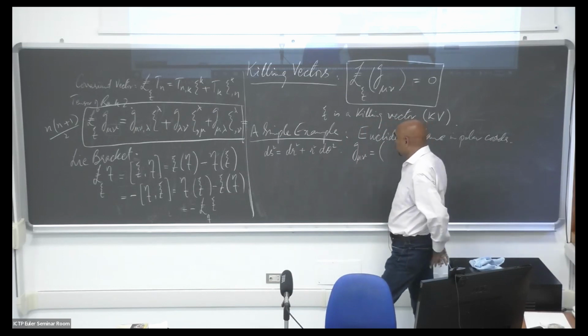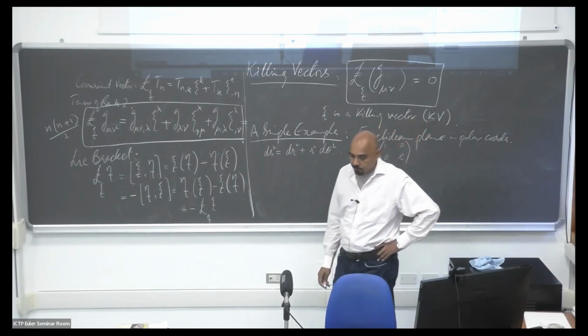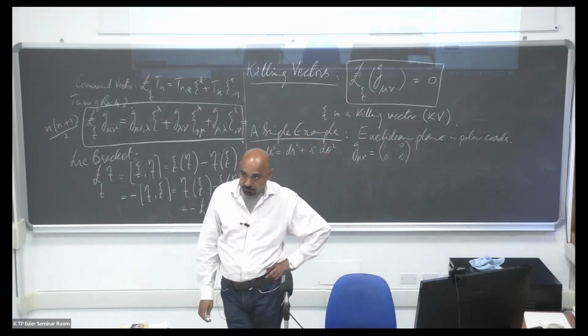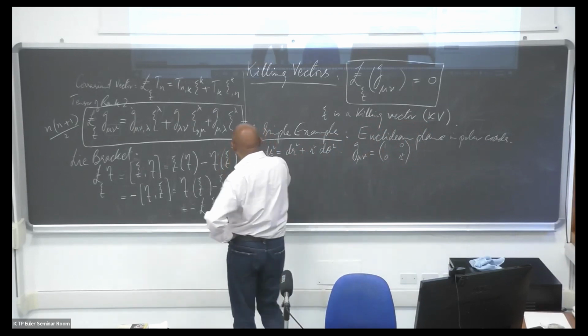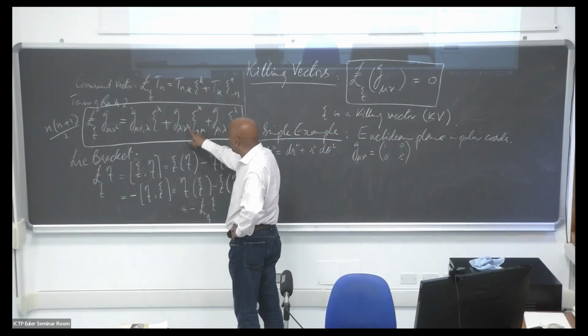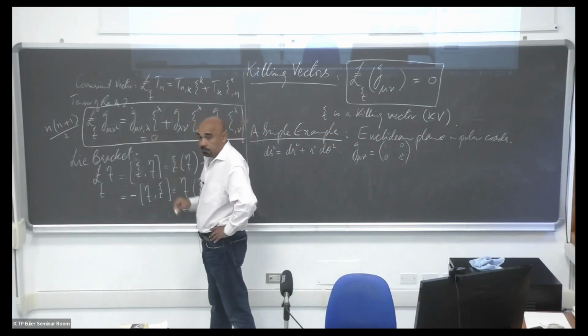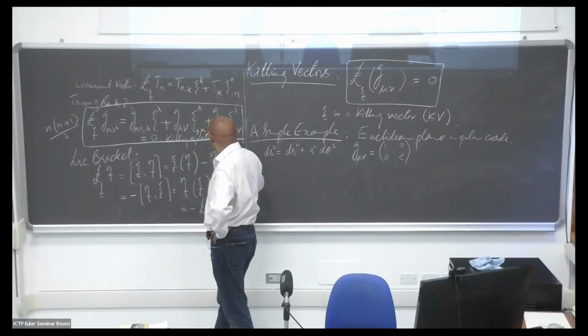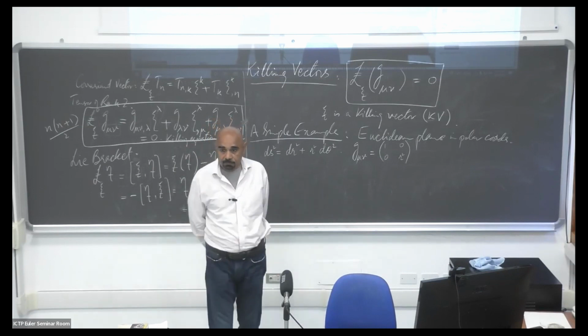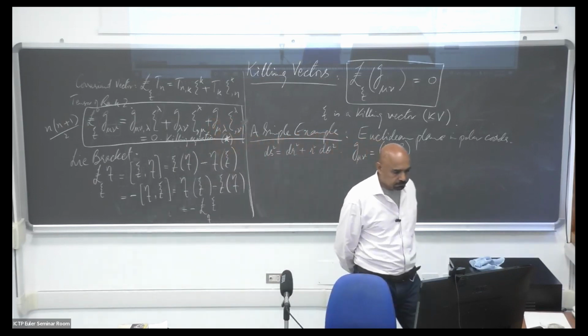In matrix form, if we denote this metric tensor as a matrix, it becomes 1, 0, and 0, r squared. I am putting this equal to 0, and now this is the Killing equation. I denote it by a star because I will be using it.